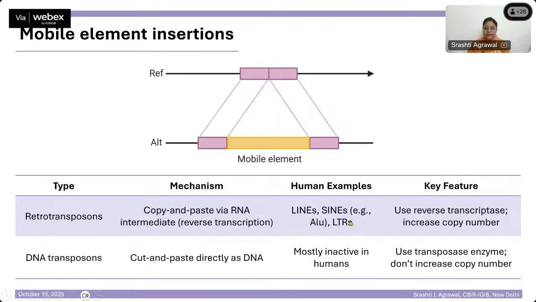For example, LINEs, SINEs, or Alu repeats and LTRs. So their function is to increase the copy number if it goes lower. But if they get inserted in a region where they should not have been inserted and might hinder the gene's function, then this might lead to a deleterious mutation.